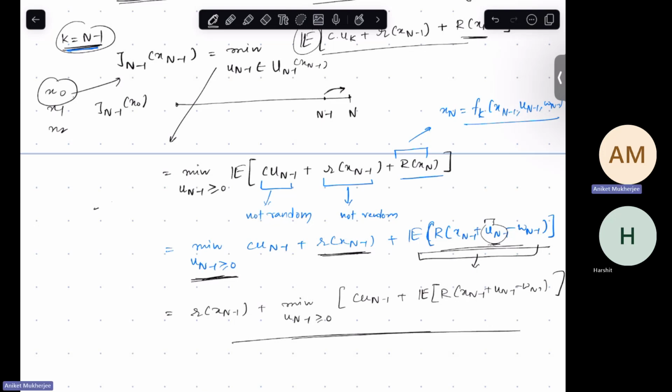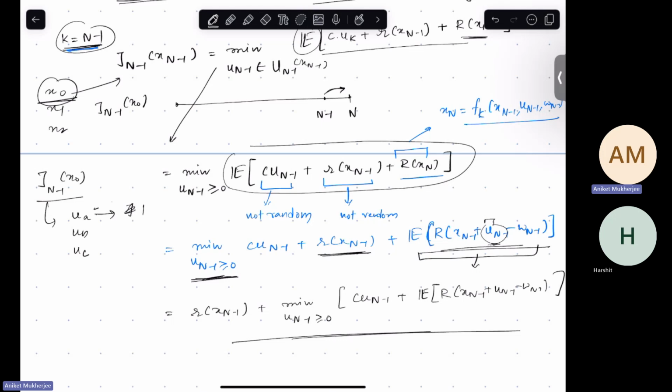So what will happen is first you calculate J_{n-1}(x0). Suppose at this x0 you can take three actions: u_a, u_b, u_c. Then for each action you will get a cost. Here you're not minimizing, you'll just get this cost.